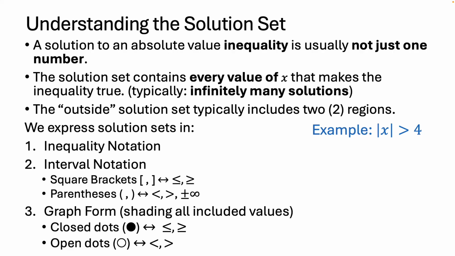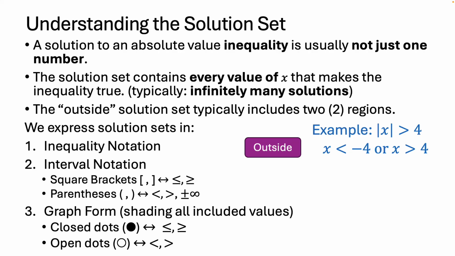Let's take a look at a quick example here where the absolute value of x is greater than 4. In this problem, the absolute value is greater than our constant, so this is an outside problem. For outside problems, our solution was the two inequalities, x is less than negative 4 or x is greater than 4. This would be the solution set written in inequality notation.